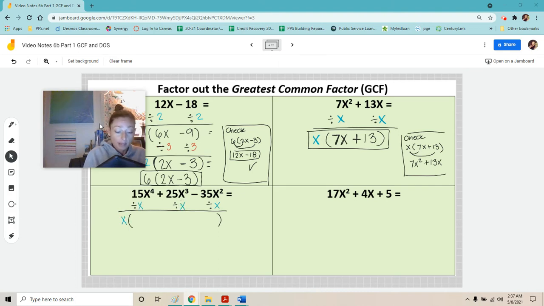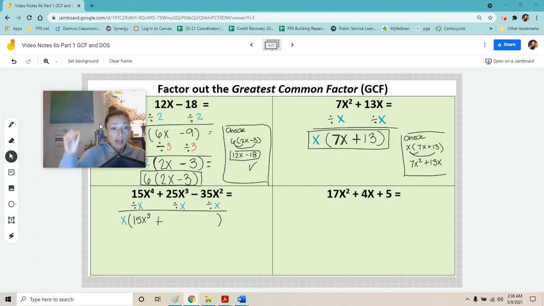So I'm left with 15x. And when we divide by an x, that's just going to pull out a single exponent. So it's x to the 4th, so it's x times x times x times x, and a single one got taken out. So now it's x cubed, x times x times x. 25x cubed divided by x, that's the same idea there.